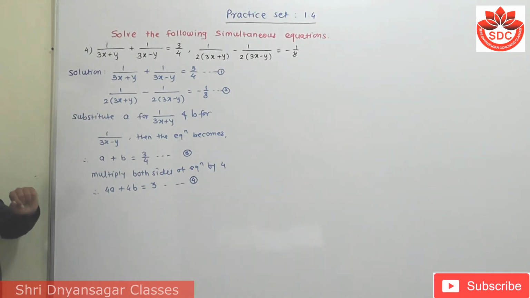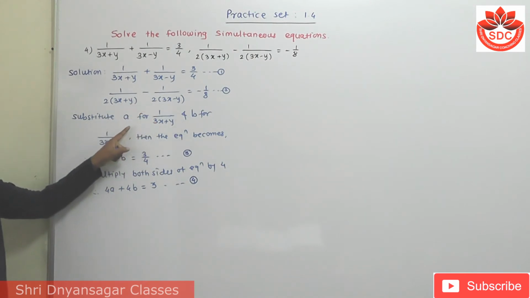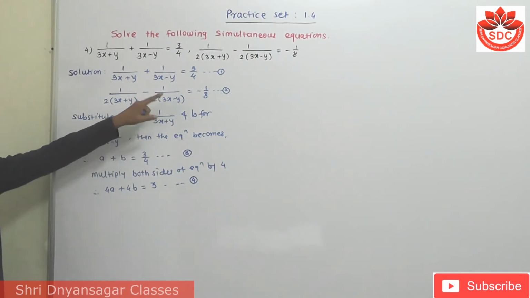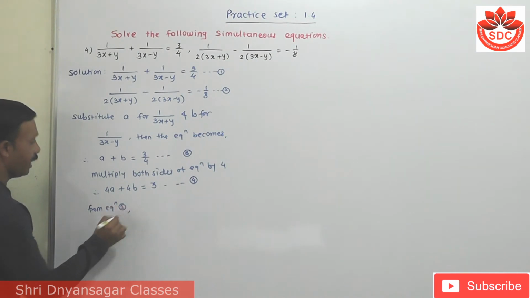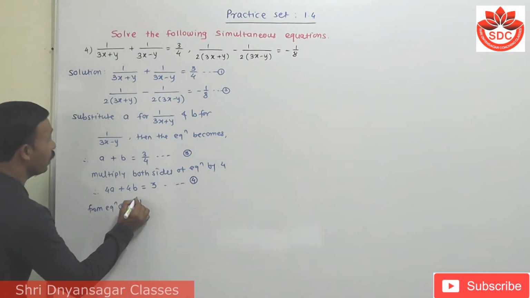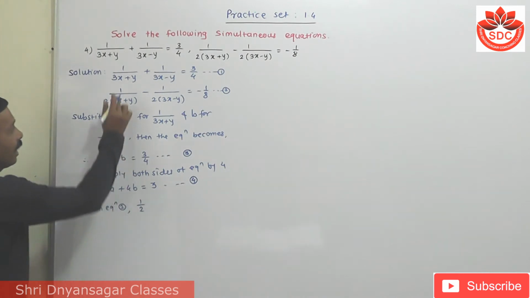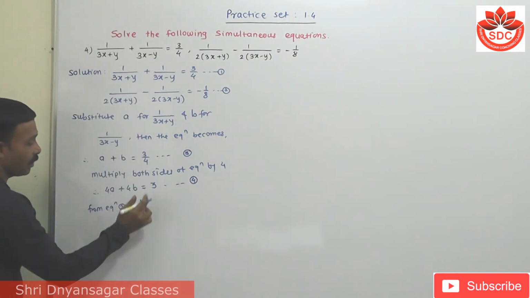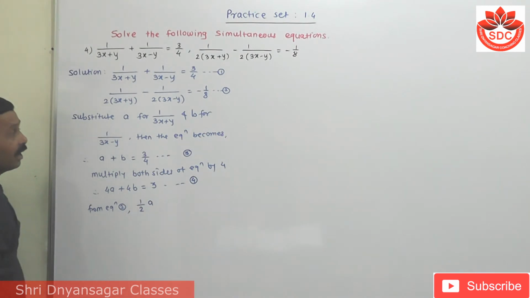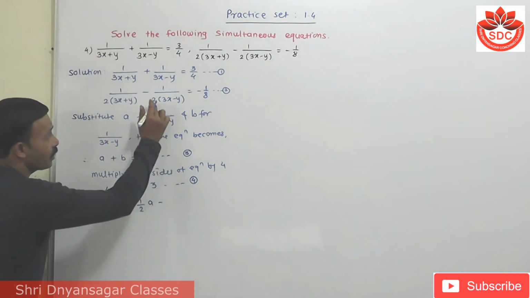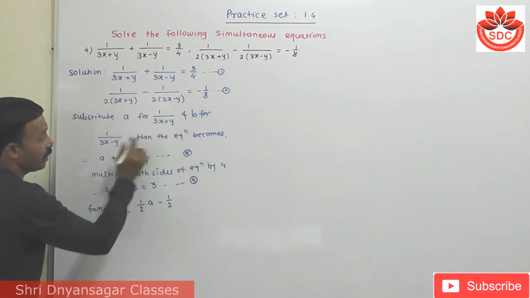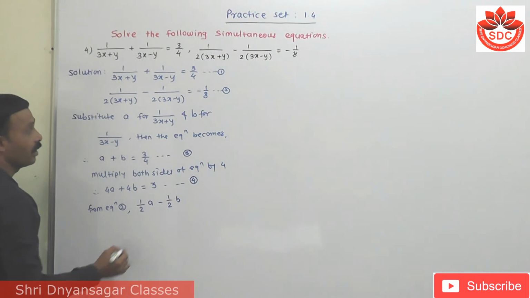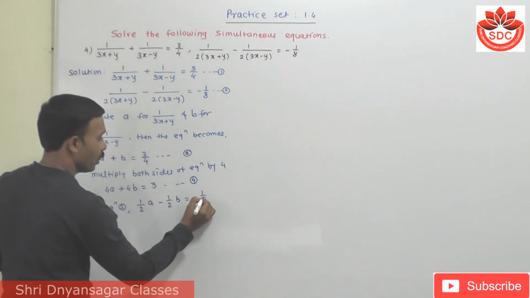Now then we substitute these values a and b again for the equation second. Then from equation second we write here this is 1/2 and this is 1/3, a and b, equals -1/8.